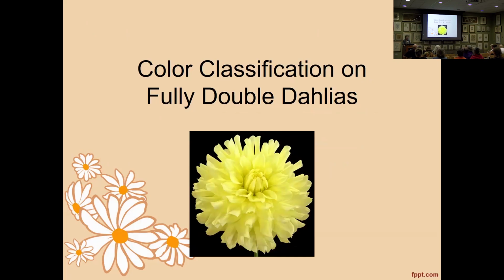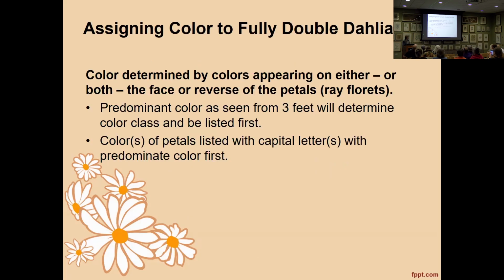Color classification on fully double dahlias. Color is determined by colors appearing on either or both the face or reverse of the petals, ray florets. The predominant color as seen from 3 feet will determine the color class and be listed first.